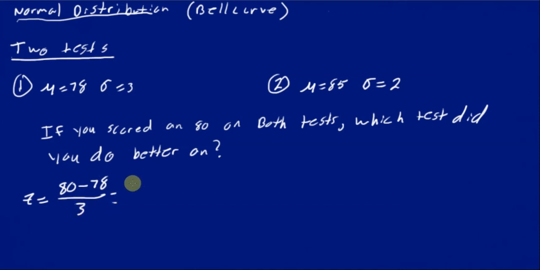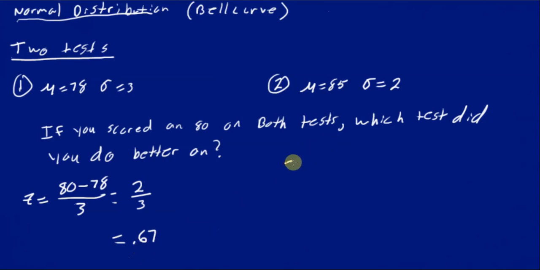Now, 80 minus 78, that's a 2, divided by 3. 2/3 is 0.6666. All z-scores get rounded properly to 2 decimal places. So we've got a z-score of a positive 0.76. That means I am 2/3 of 1 standard deviation, 0.67 standard deviations above the mean.